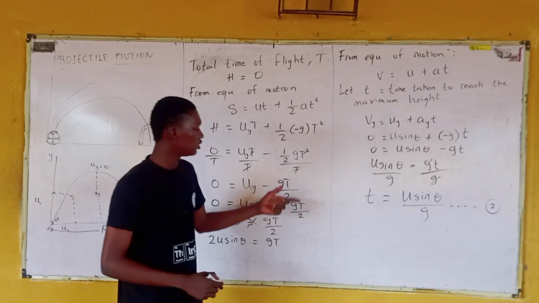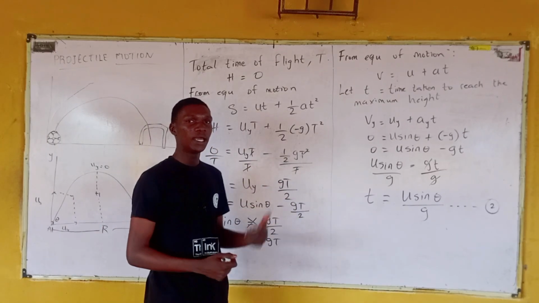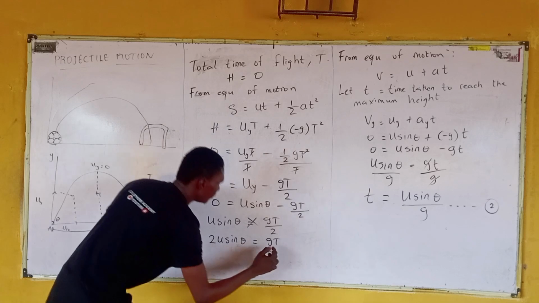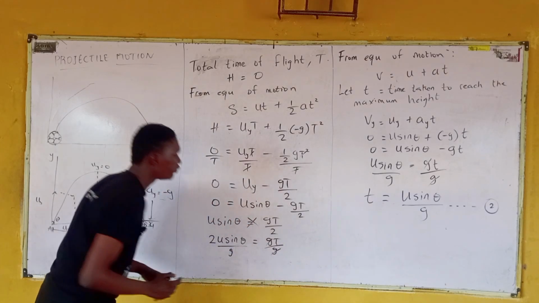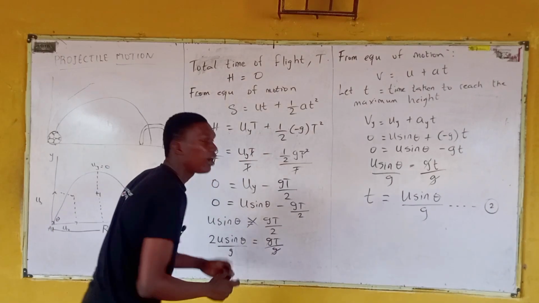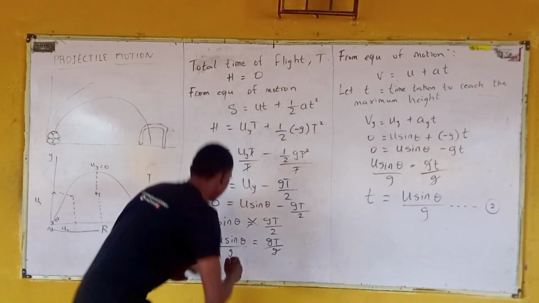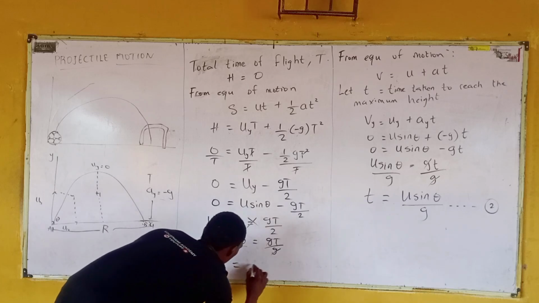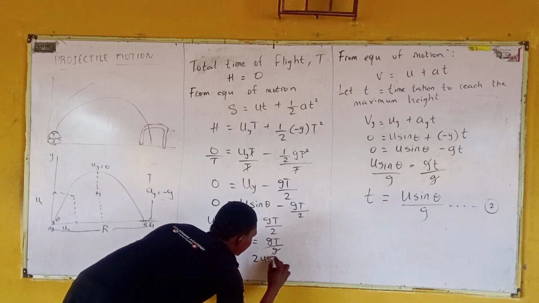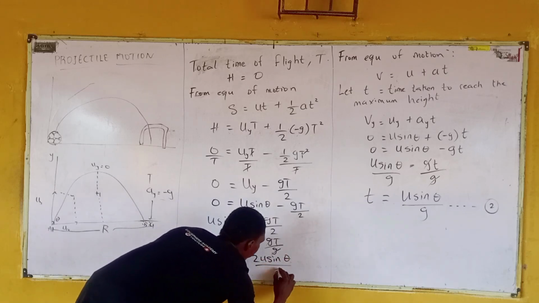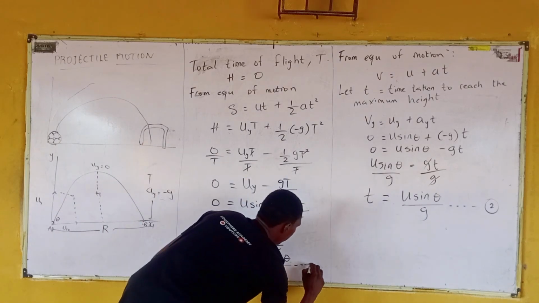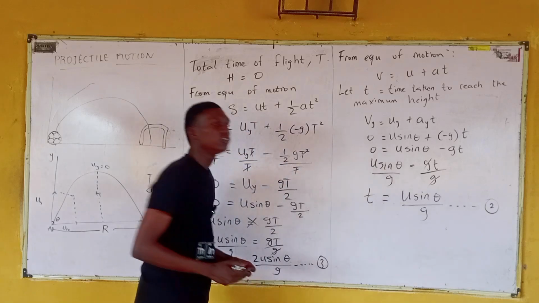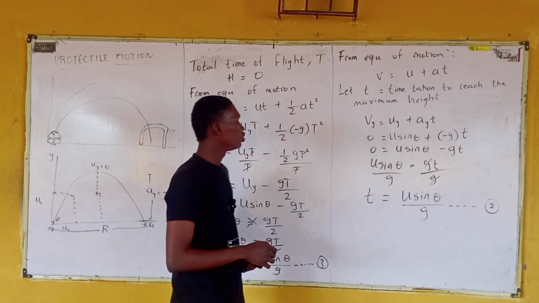Because we want the total time of flight T, we divide both sides by g. So the formula for the total time of flight T is 2U sine theta over g, which is our equation 3 for projectile motion.